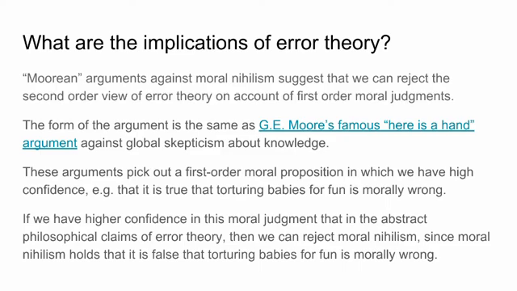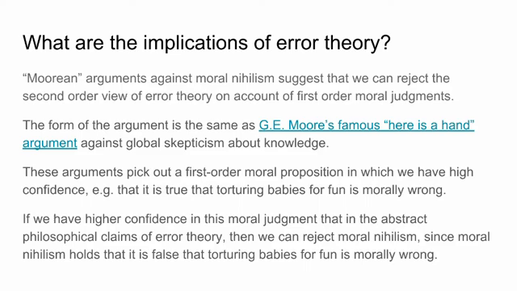Or do we have higher confidence in our judgment that all these abstract arguments about objective values and disagreement and weirdness are 100% correct? Well, it seems like in practice, we have much higher confidence in the judgment that torturing babies for fun is morally wrong.